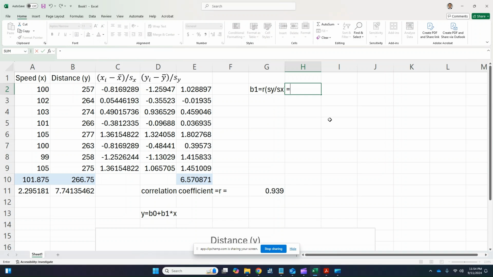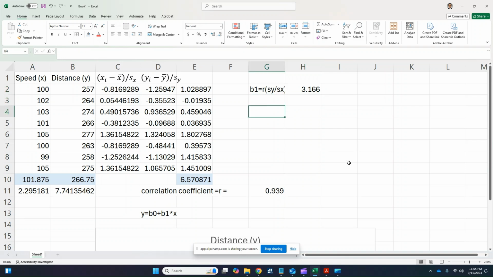This is easy for us to calculate because we have already calculated the correlation coefficient. So correlation coefficient times the standard deviation of y, which is here, over the standard deviation of x, which is here. So b1 equals 3.166102. I'm going to round it up to 3 decimal points.